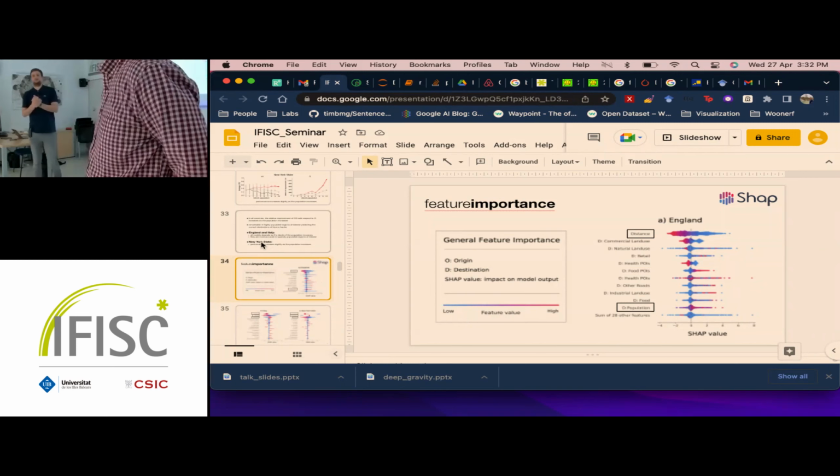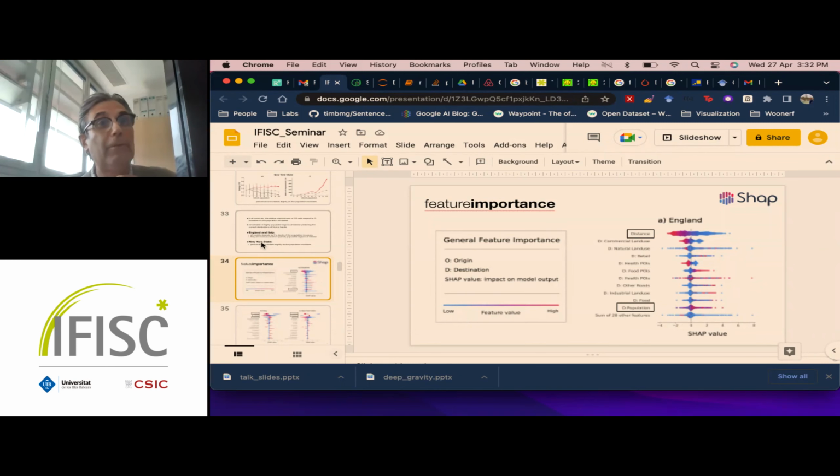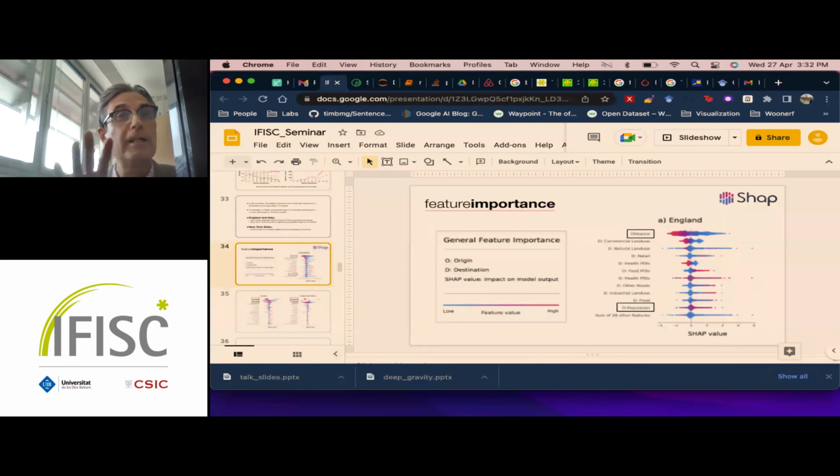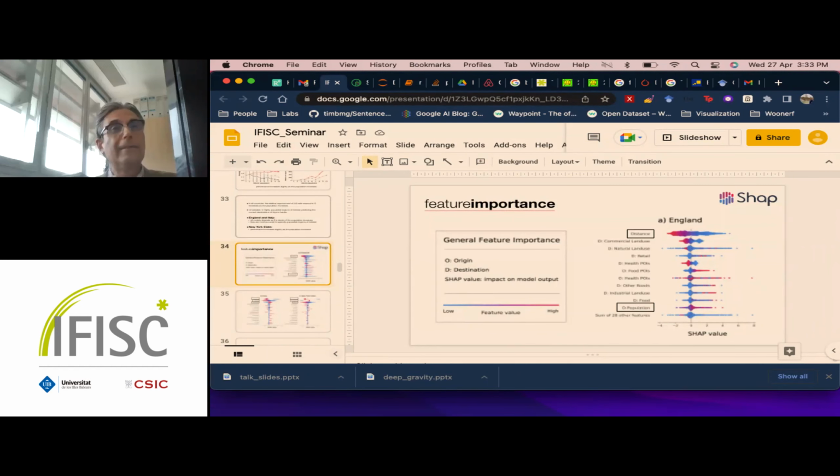It's very far down, the last one or the one before the last. Who cares about population? But then population plays an important role in other places. So how can you envision exporting what you learn in England to another place, if population, which turns out to be a key factor in Italy, is not relevant for the model in England?